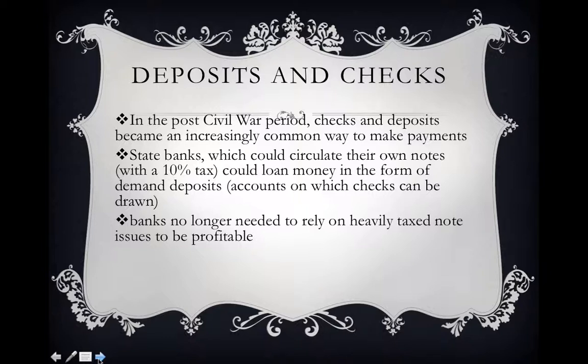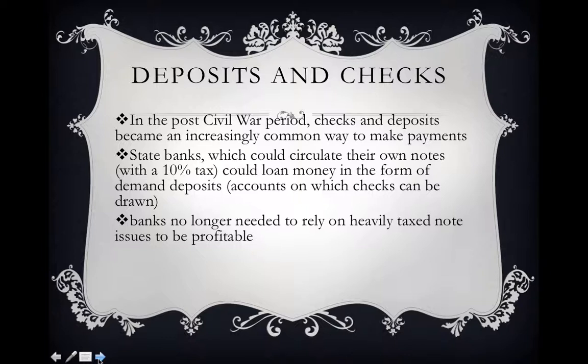So that's the other thing I want you to realize, is that the development of checkable deposits and writing checks in the United States was a direct result of the national bank tax of 10% on state banks. Before, when they made loans, they just printed banknotes and gave them to the individual. When they did that, they were exposed to that 10% tax.